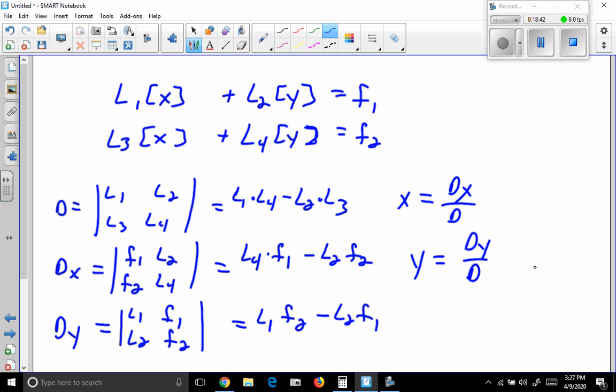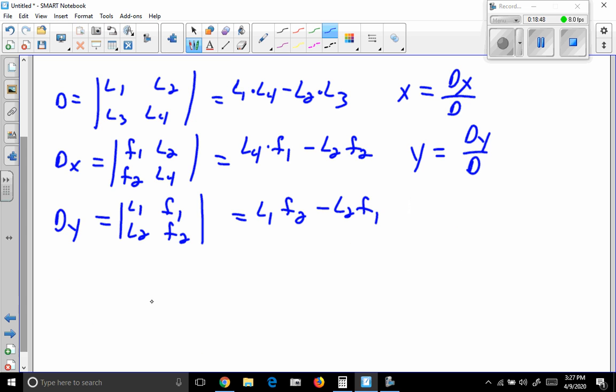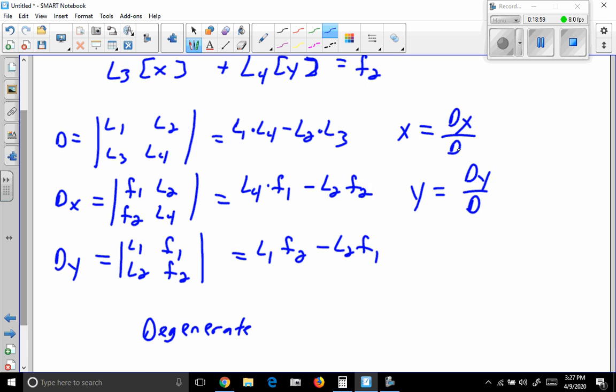So nothing new there. Where we end up not getting solutions, or getting what we refer to as degenerate solutions, is if our solution degenerates, because we can't divide by 0.